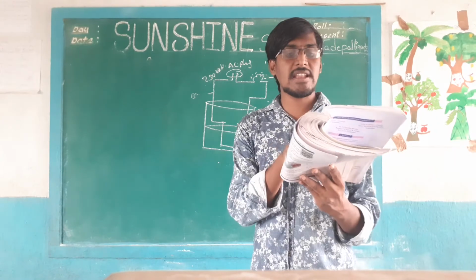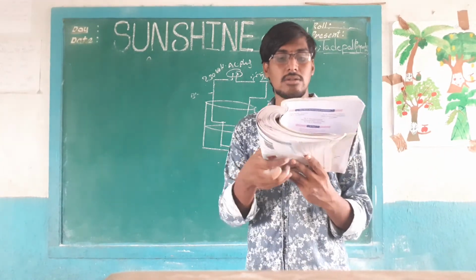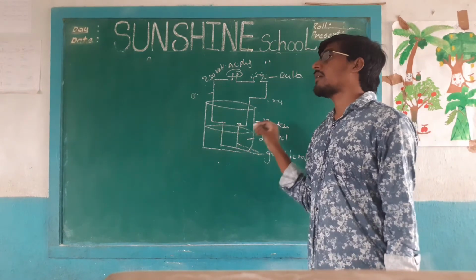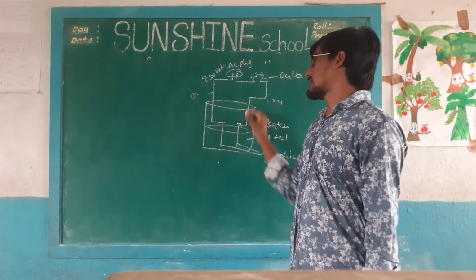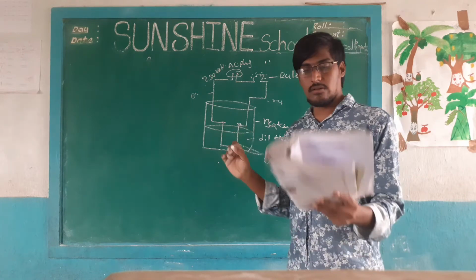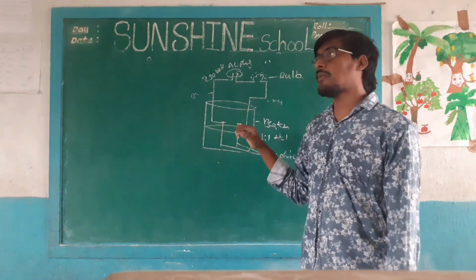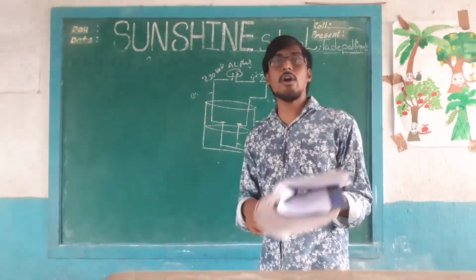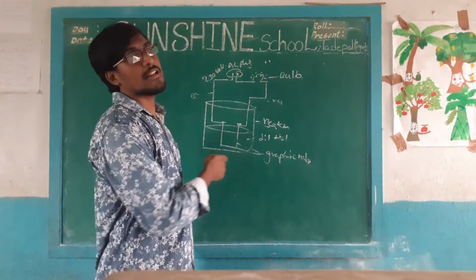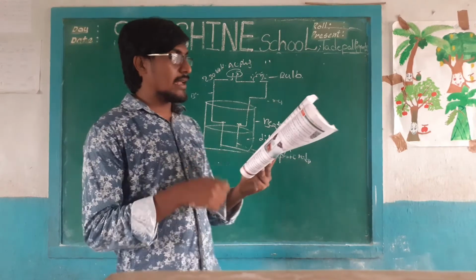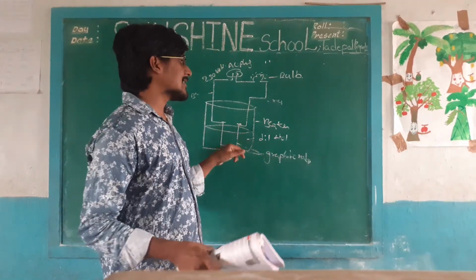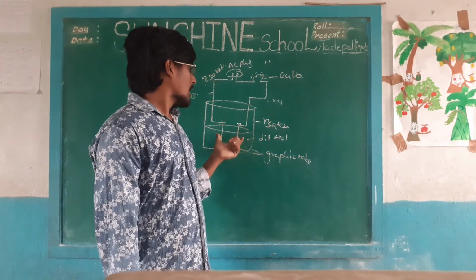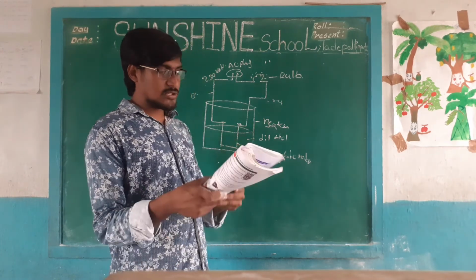Glowing of the bulb indicates that there is a flow of electric current through the solution. The current passes through the wires and the solution because it is an acid solution. The positive ions, the cations, are present in the HCl solution.